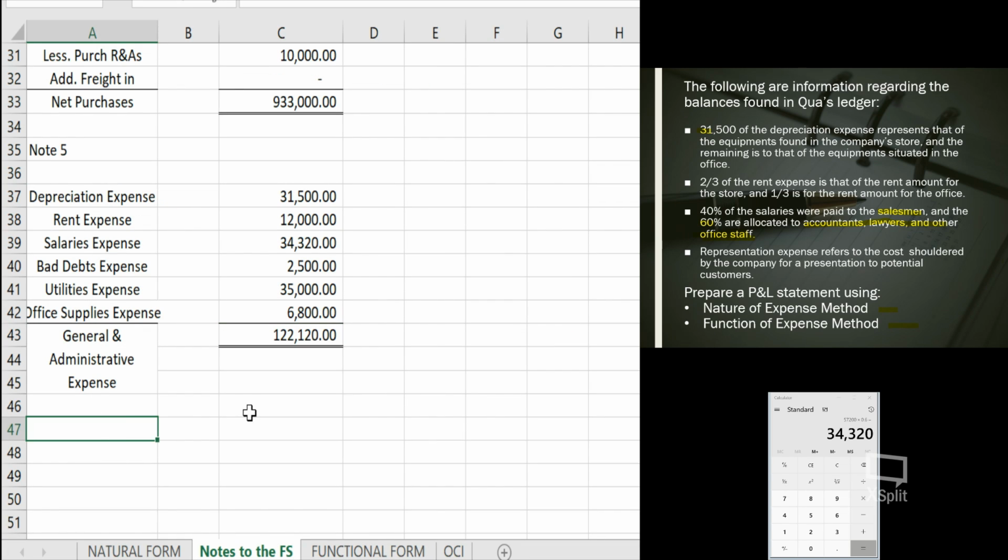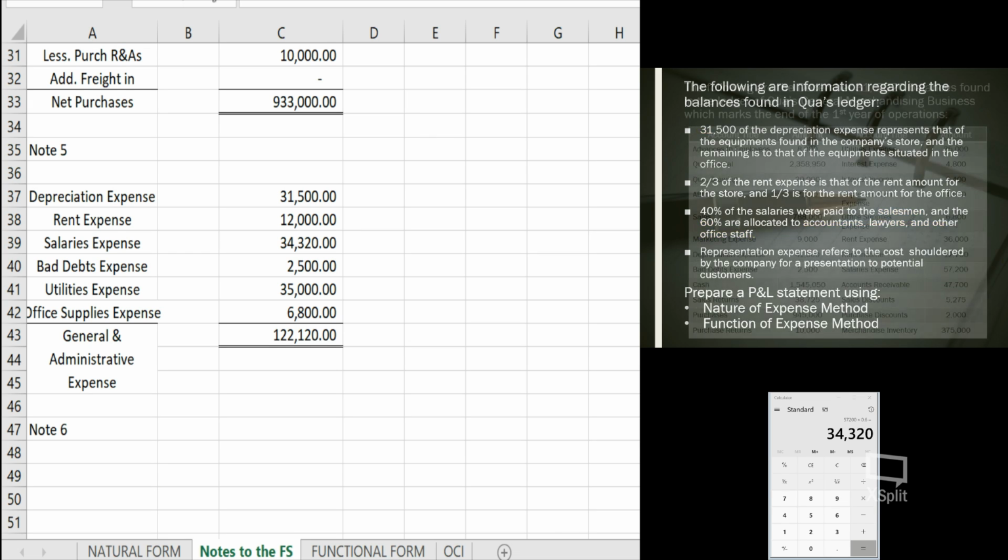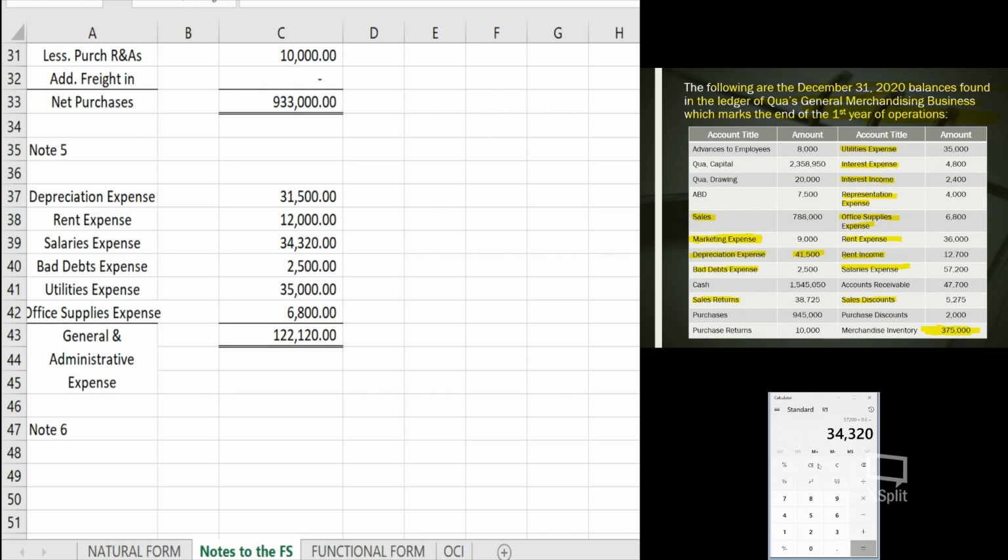Okay. So, note 6. Okay. So, syempre, apply muna natin ulit yung kanina, guys. Ito, sa PowerPoint. 31,500 na allocate na natin yon. How much ba ang total ng ating total depreciation expense natin? So, the total depreciation expense is 41,500.